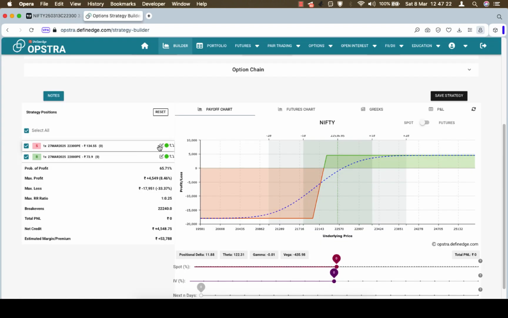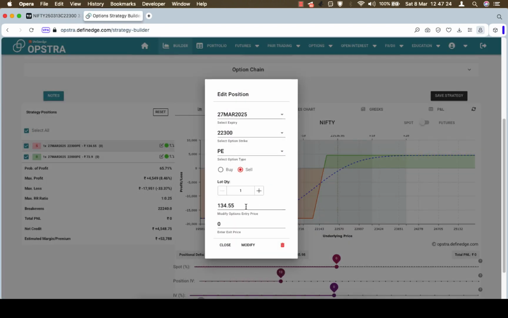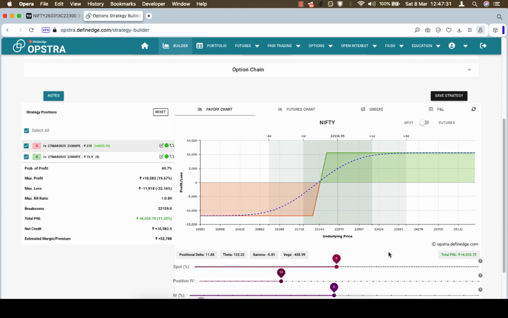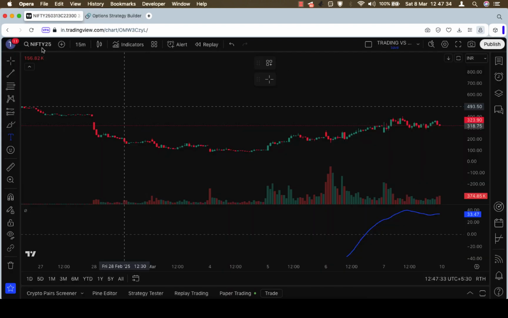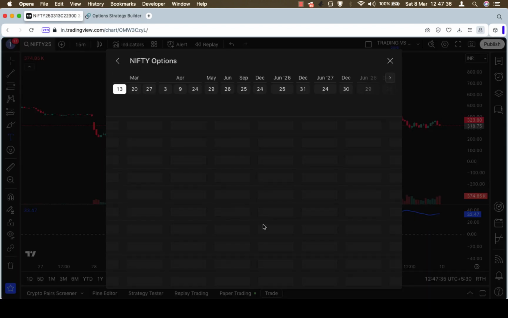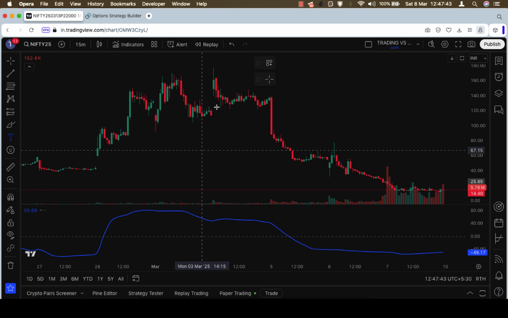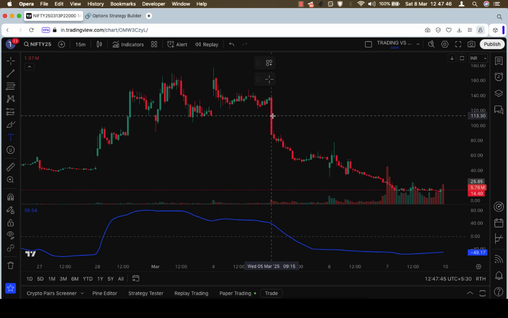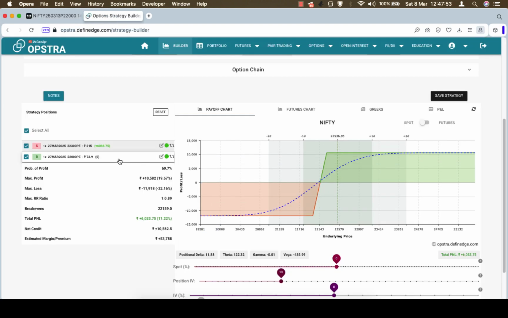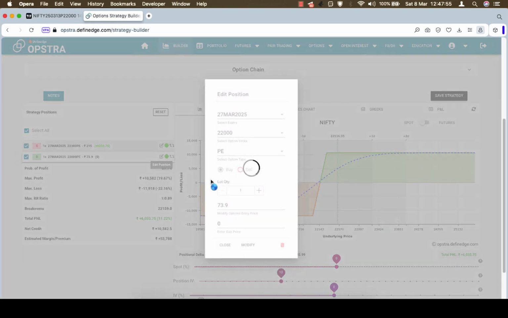And the 22,000 put I need to buy. The 22,000 put price on the 6th of March was almost 58, 60 rupees.